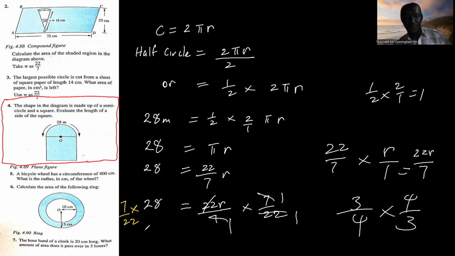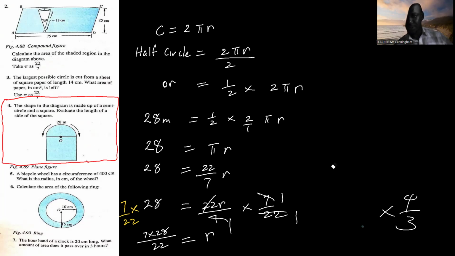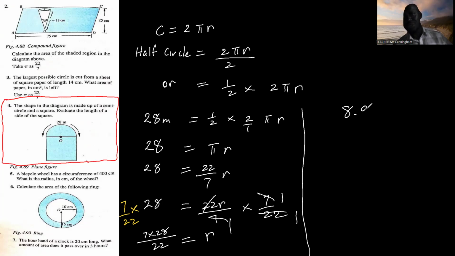So I have 7 by 28 divided by 22 equals r. We got r to be, how much did I say? 8.9.